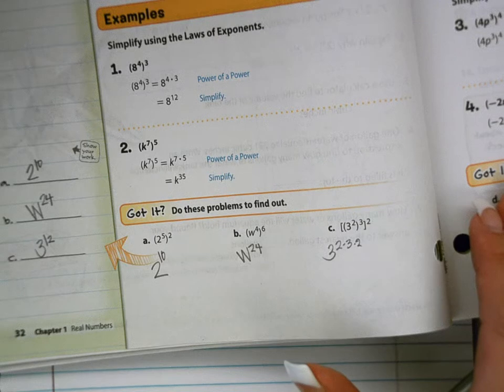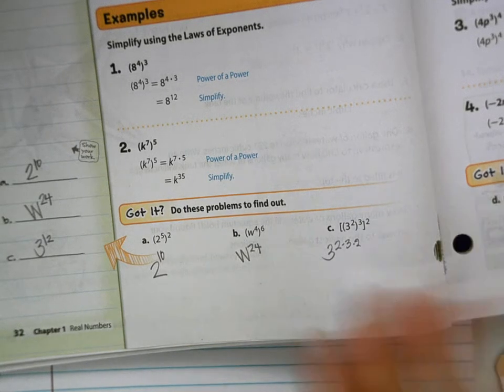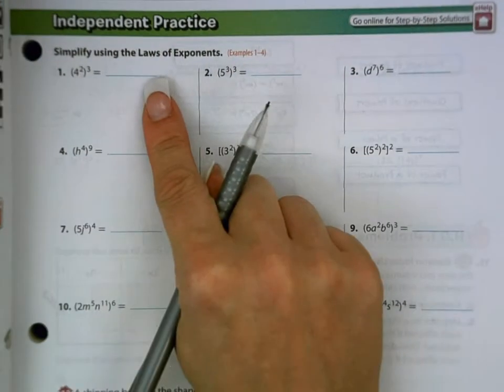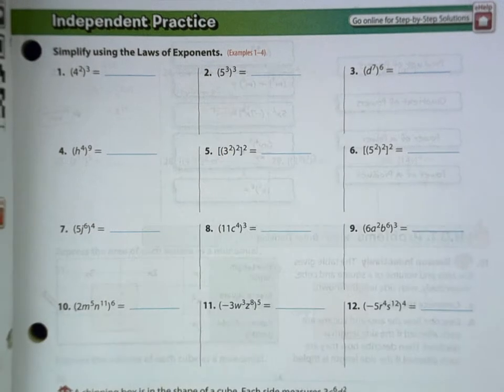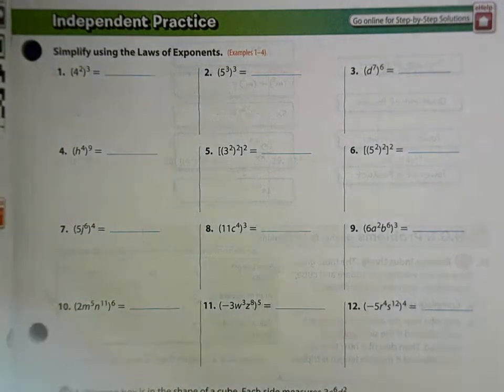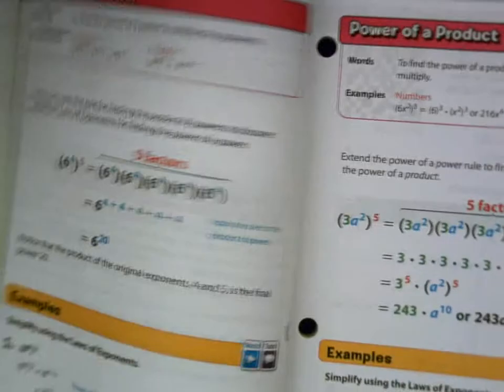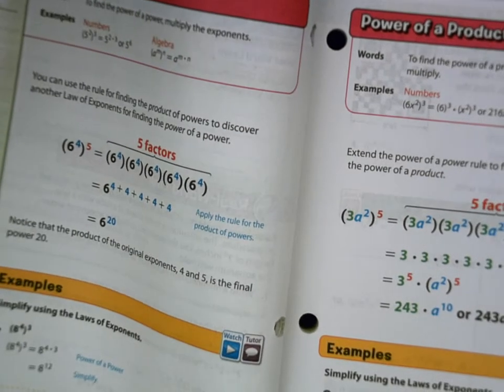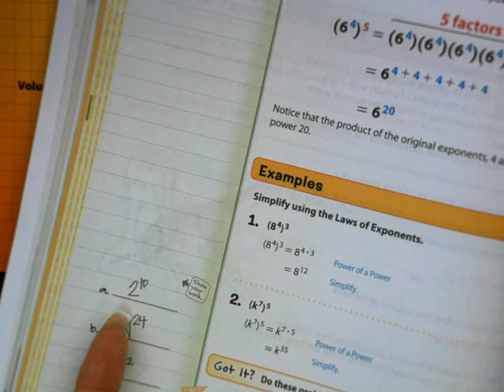You can look in the book, okay? On independent practice, it tells you examples 1 through 4. Now, that's not my examples 1 through 4, but if you look back at the book, they have examples, and it's not the exact ones that I did. So you can look in the book at examples 1 through 4, and that's what it's talking about, okay?